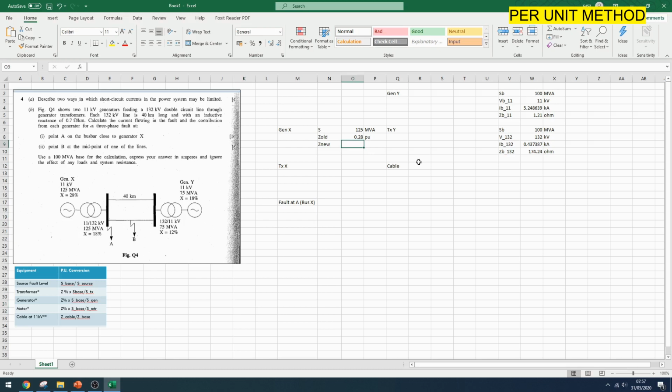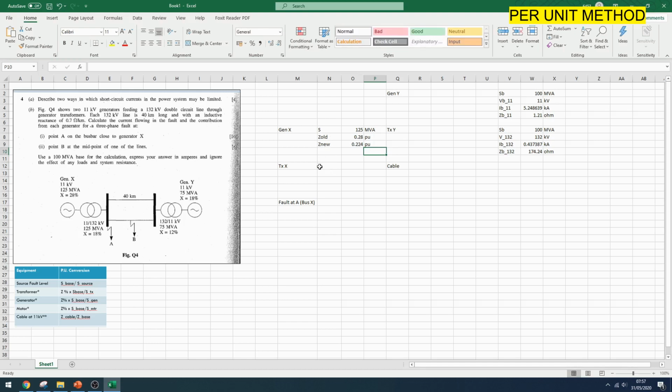Okay, so the Z new according to this is X% times S base over S meter lah, because our 11 we have selected our base 11 kV. So the generator is 11 kV, so there's no need to change the voltage. So we can just use this formula Z% times S base over S, the original S of the generator lah. So this would be equivalent to the old per unit times the new base, which is 100 divided by the old base. Okay, so it becomes 0.224 per unit.